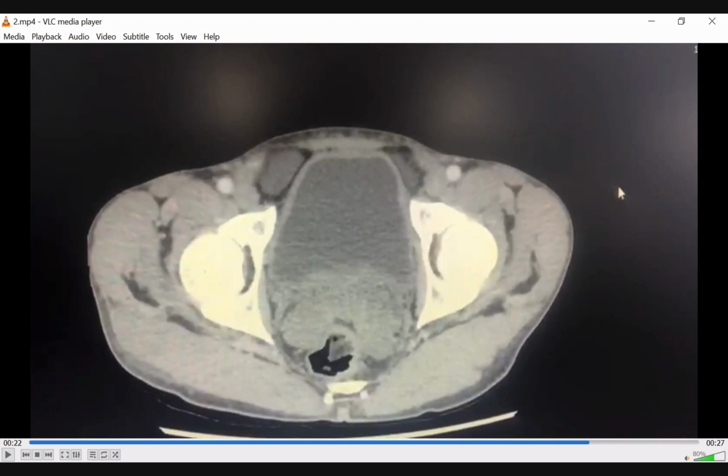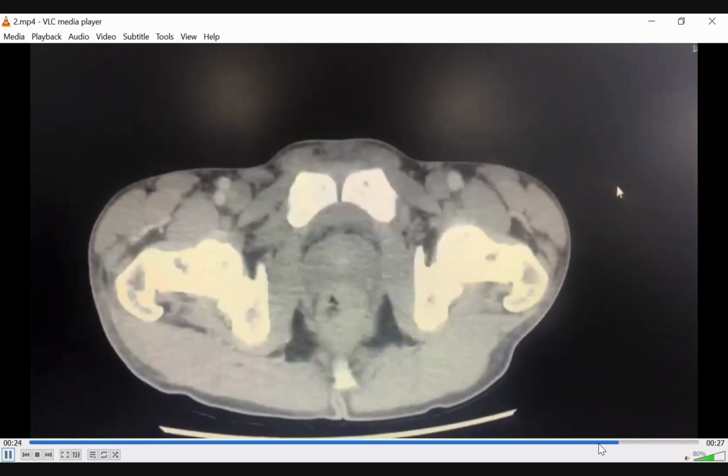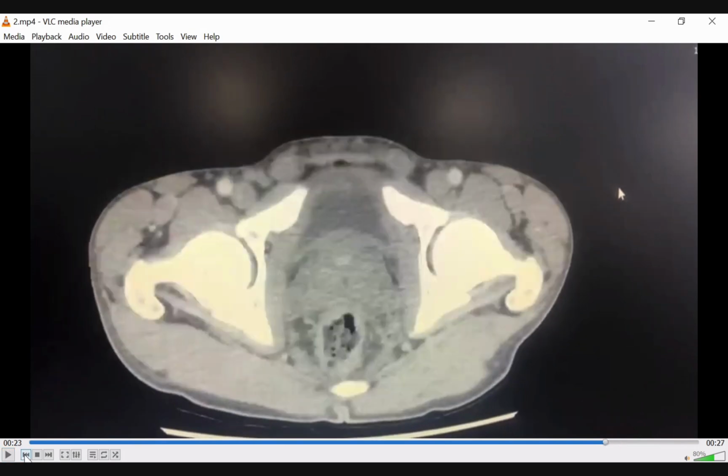Next, please. Don't run, man. Sir, fast video is it? See, here you can see a structure in the midline, which we will accept as prostate. What was the previous one? Is it in the midline? Go up one slide.